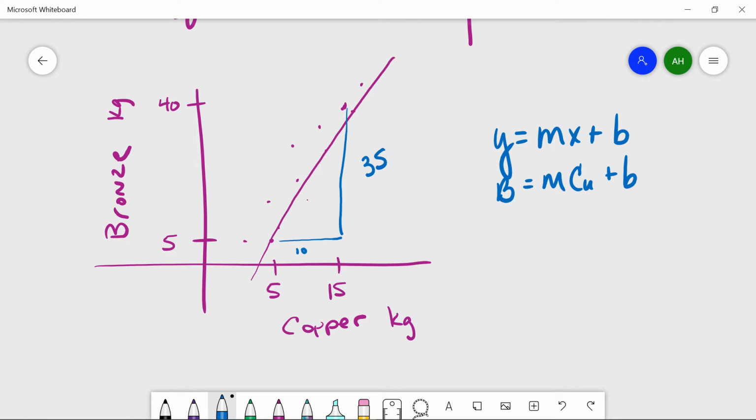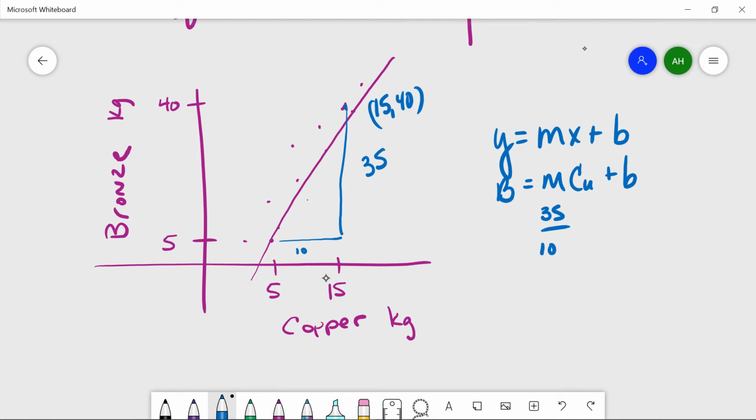If I look at my slope, my rise is 35, my run is 10, so I can put that 35 tenths in there. Then I'm going to look for a point that I can find. If I had drawn this a little better, one point I can work with is this point right here, and say this point is roughly 15 on the x-axis and 40 on the y-axis.